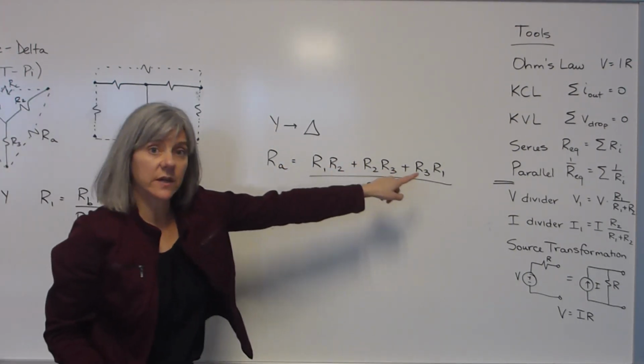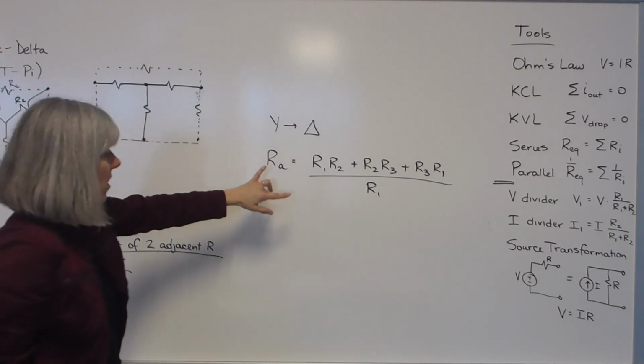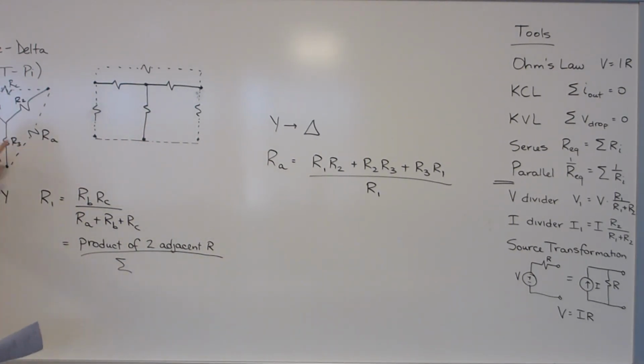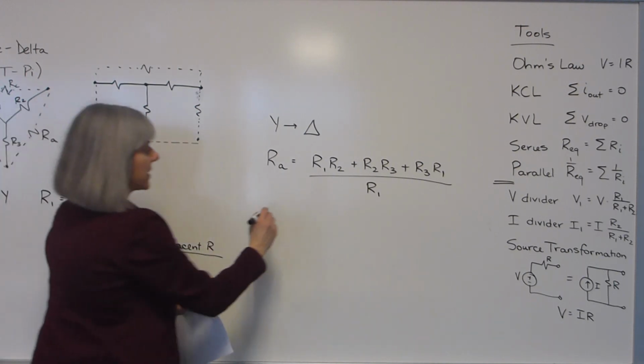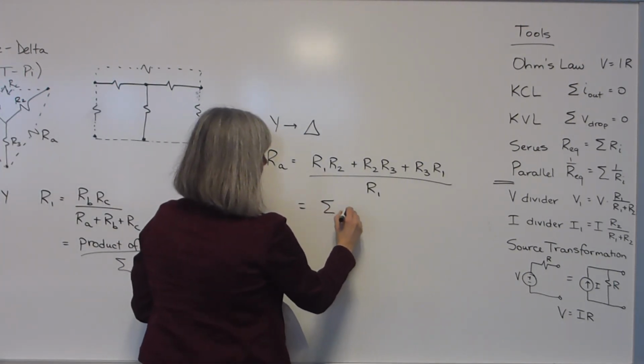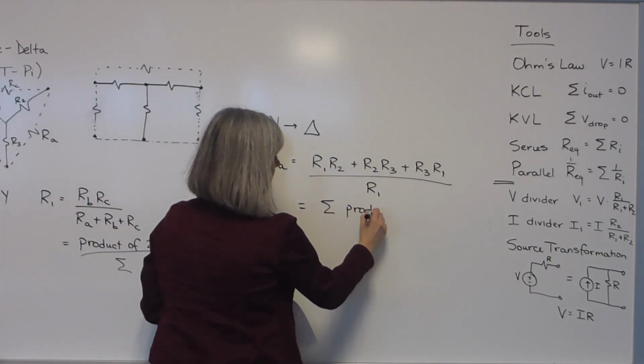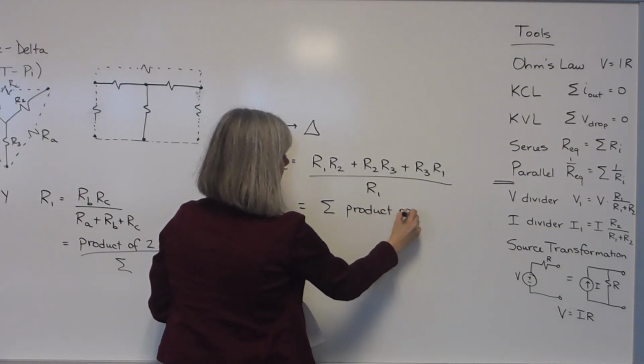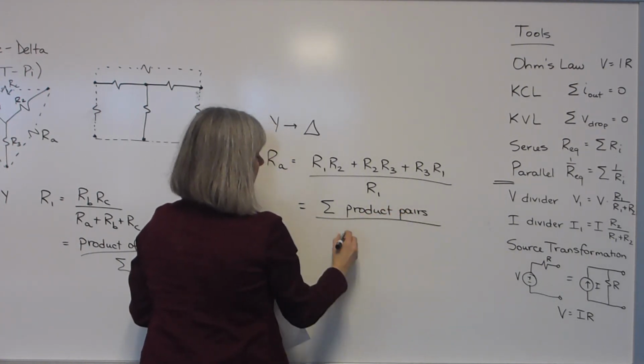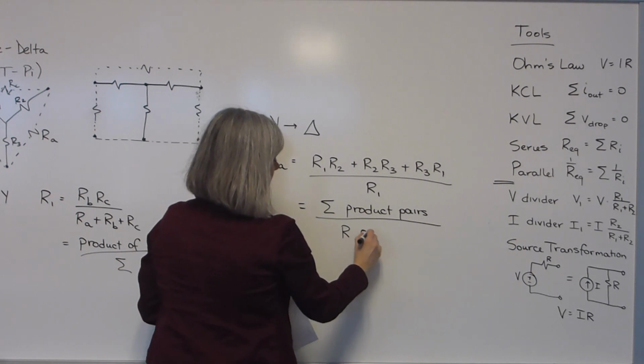So clearly the numerator here is not going to change. Let's look at where RA and R1 are. RA is here. R1 is the resistor that's in the opposite apex. So the pattern here is the sum of product pairs divided by the resistance, I'm just going to say, opposite.